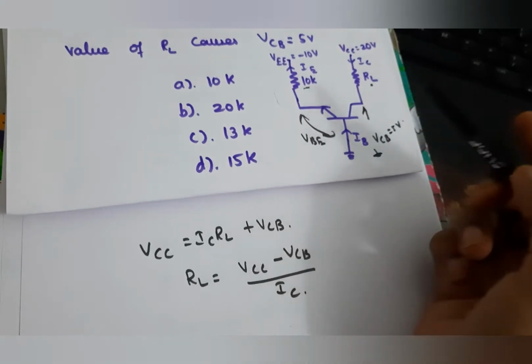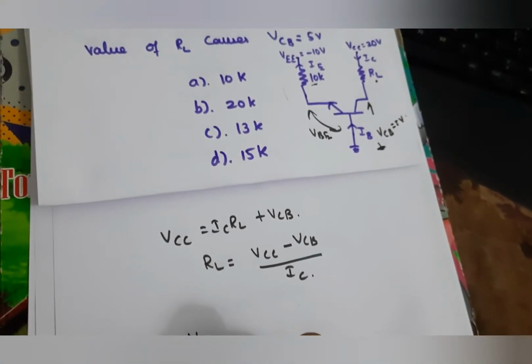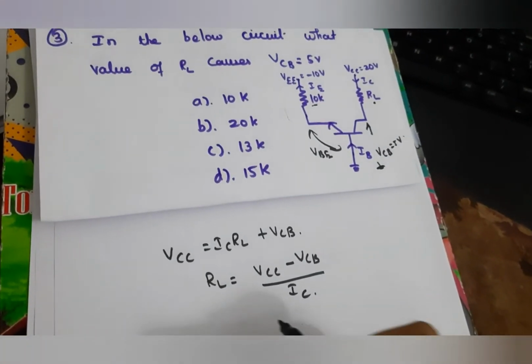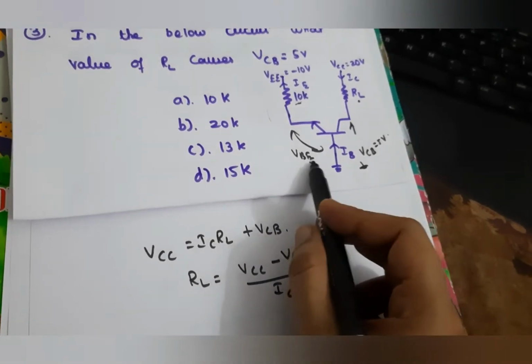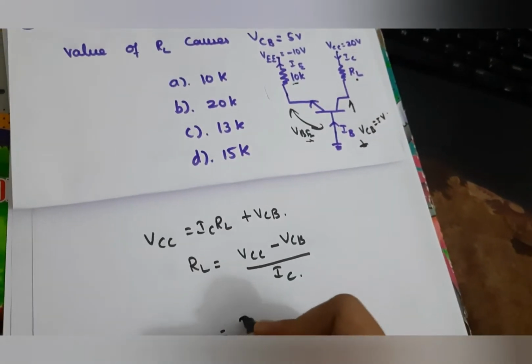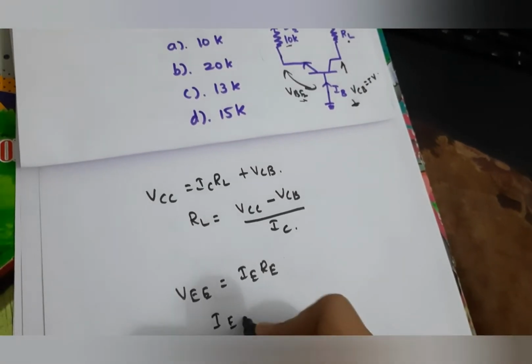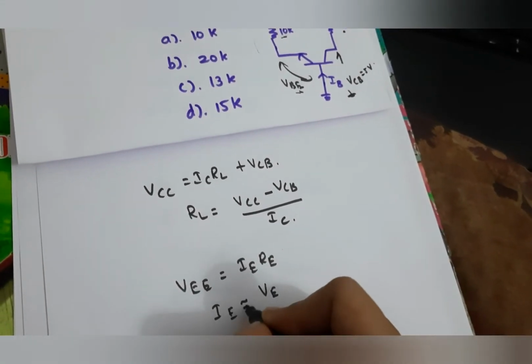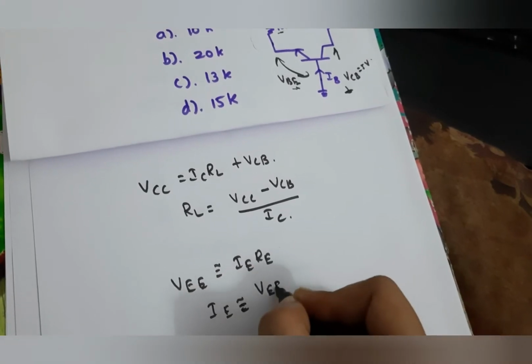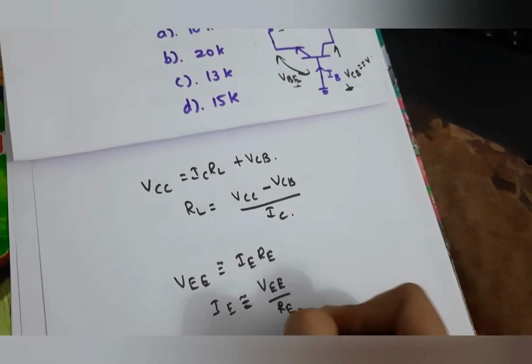So considering this loop, neglecting VBE, we will get IE, and IE is equal to VE, approximately equal to VEE divided by RE.